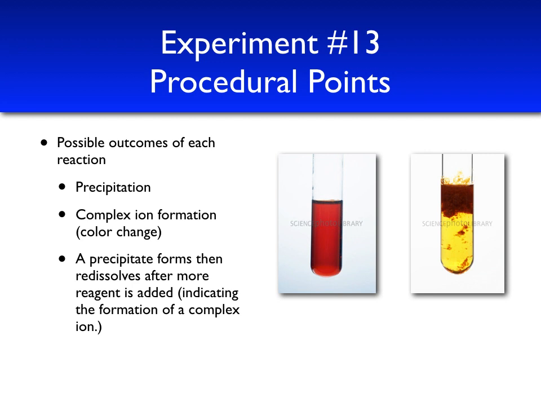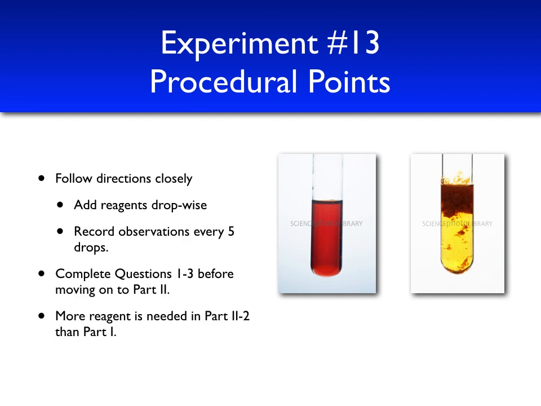Let's look at a couple other procedural points as you watch the lab video. In the lab video, you'll notice that the directions in the experimental are followed very carefully. Reagents are added dropwise. Up to 20 drops or more of the reagent is added to each solution to make sure that all observations are recorded.